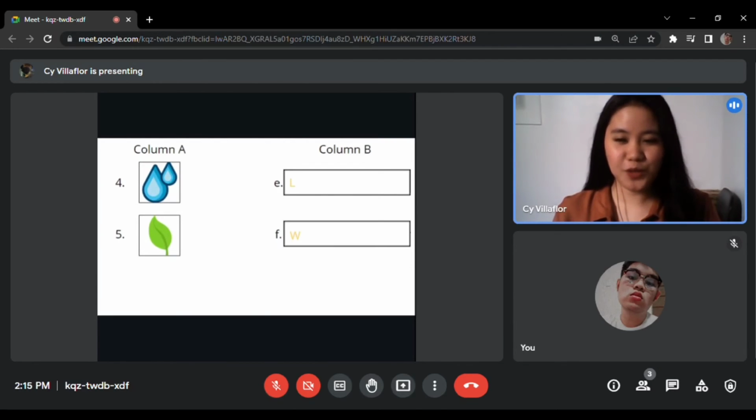For our fourth one, it is water. Great job. How about the fifth one? Leaf. Correct. You did a great job.